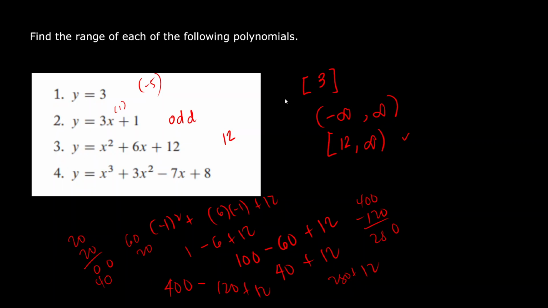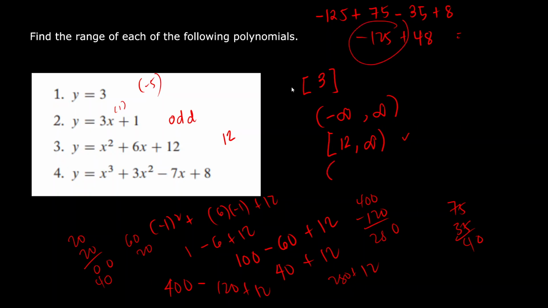So, positive 25 times negative 5 is negative 125, plus 75, 3 times 25, minus 35 plus 8. So, this is a negative number. Kasi 75 minus 35 is 40, negative 125 plus 48. So, negative number. Ito kasi mas mataas yung negative 125. So, talagang pasok si negative infinity. Lalo na kapag positive ito, so malamang mataas din to, positive infinity. So, pasok tayo sa range. Okay? So, yung theory kanina, tama.